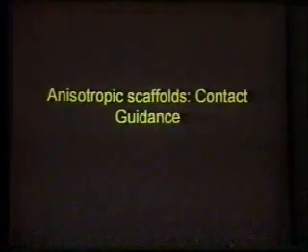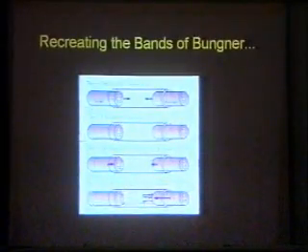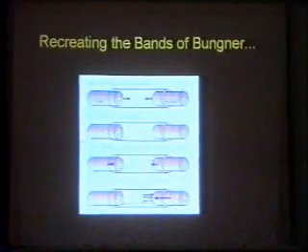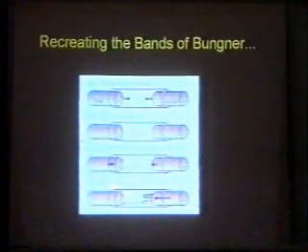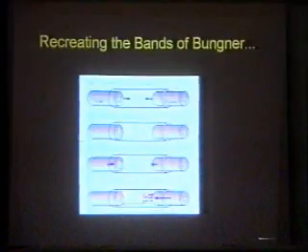The other strategy is to implement contact guidance. Remember I told you there were three things: haptotactic gradients, chemotactic gradients, and the last one is contact guidance. This we're very excited about, and I hope you'll agree with me as to why when you see the data. So when you have a longer gap, I told you that you have this fibrin cable form that lets Schwann cells migrate in. It turns out that when Schwann cells migrate in along this fibrin cable, the fibrin goes away, but the Schwann cells deposit laminin.